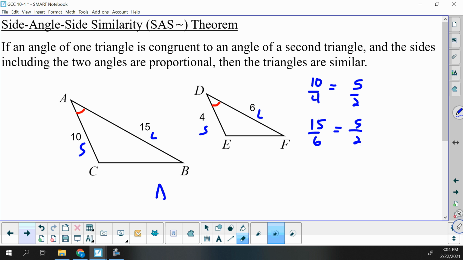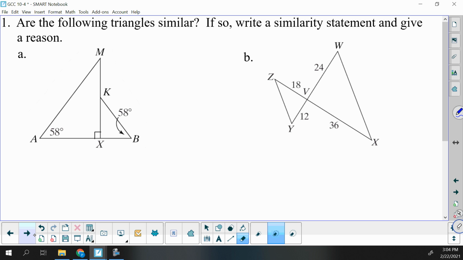And our similarity statement, we could say triangle ABC is similar to triangle. A would match with D, B would match with F, and then E. So you name your similarity statement much like we named our congruent statements. All right, moving down to the bottom, we want to know if these triangles are similar. So we don't have any side length, so the only option is angle-angle similarity postulate.